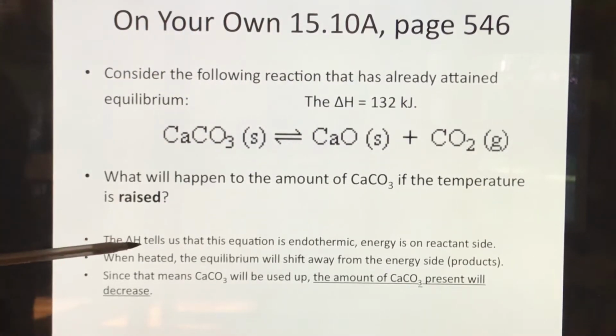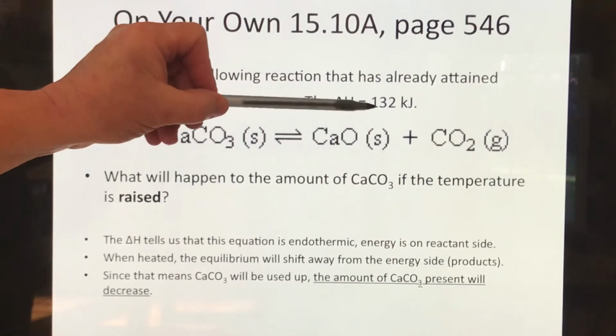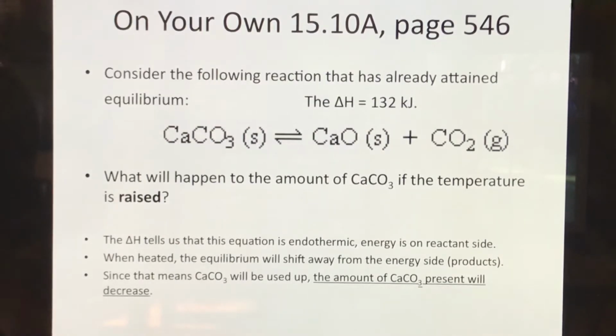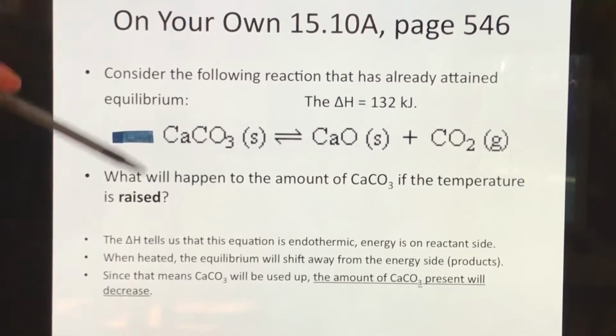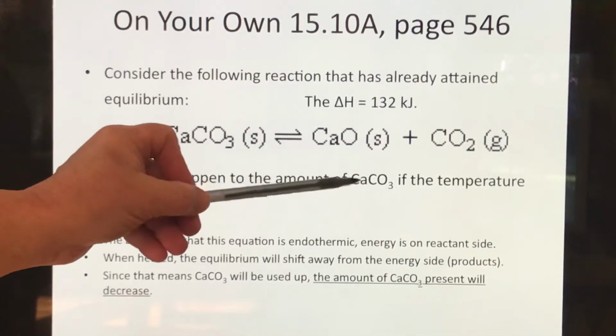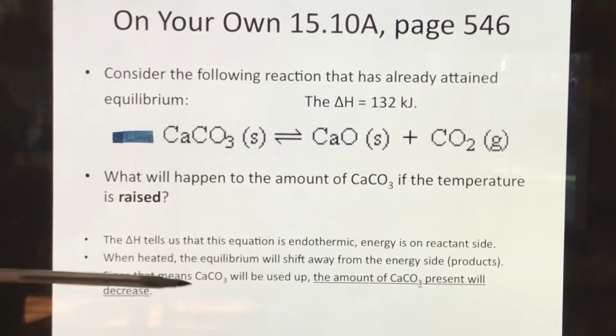We know automatically when we have a positive delta H, the reaction is endothermic, and in this case, the energy is going to be on our reactant side. It says, what will happen to the amount of calcium carbonate, this reactant, if the temperature is raised?